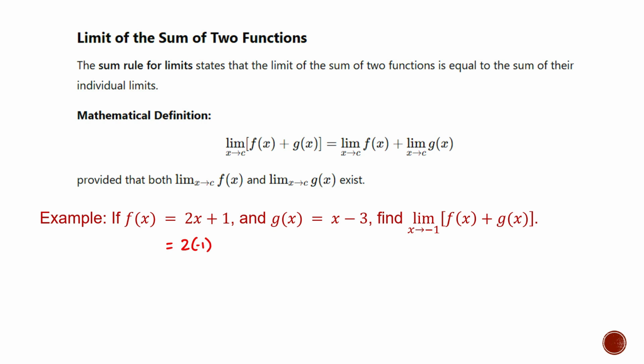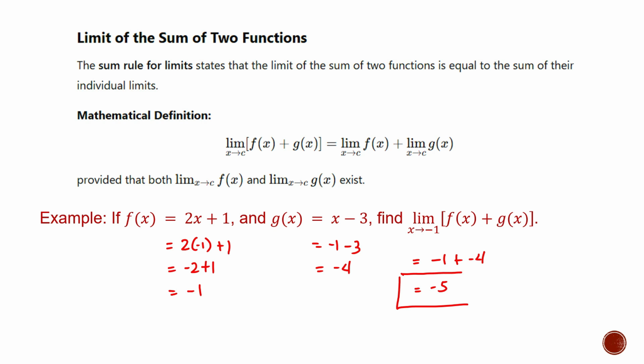So 2 times -1 plus 1, this is -2 plus 1, which is equal to -1. And then g of x is equal to -1 minus 3, which is equal to -4. Now here it states that we can simply add the two, and that gives us -5.